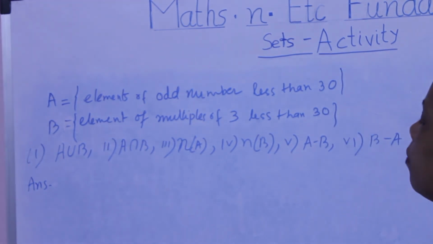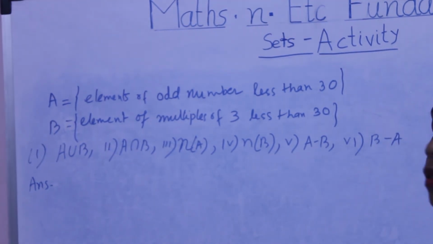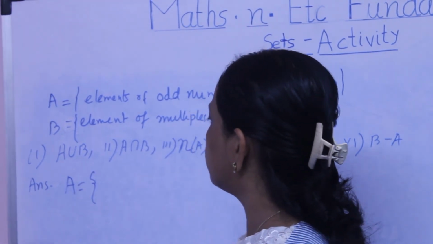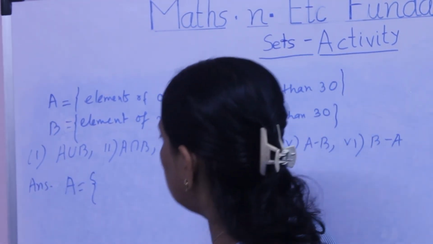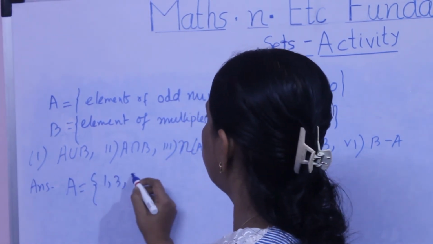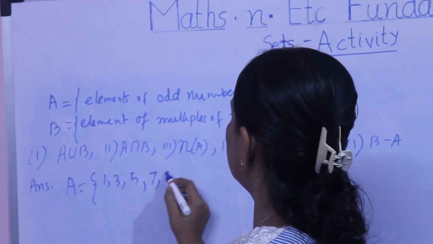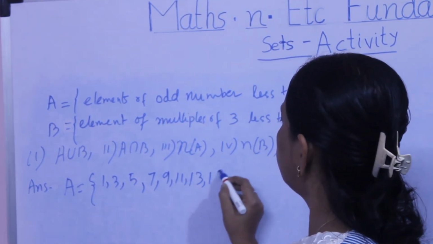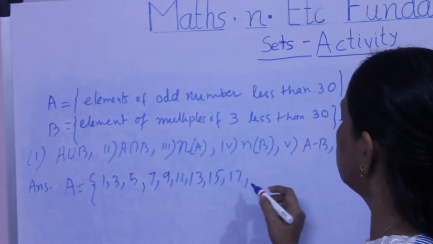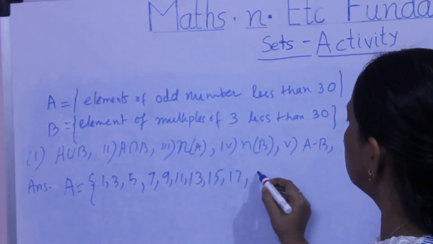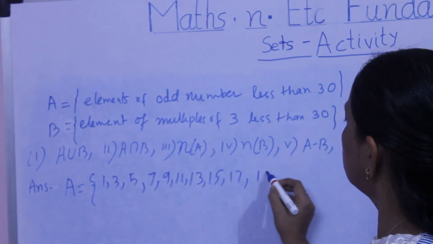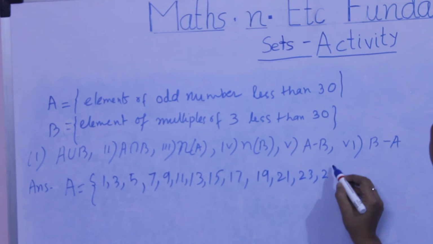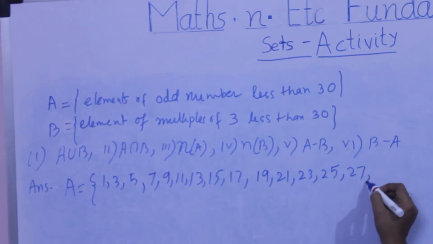Elements of odd numbers, we'll start from 1. You have to write this in roster method. A equals 1, 3, 5, 7, 9, 11, 13, 15, 17, 19, 21, 23, 25, 27 and 29.